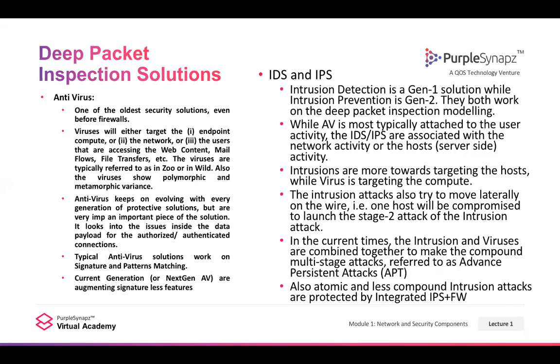So viruses in generation 1 were very atomic viruses. But in generation 2 onwards, they started becoming polymorphic or metamorphic. Let's say a virus is a code of 1 byte, 11000011. Now, antivirus will have a signature to detect this code and will start blocking it.